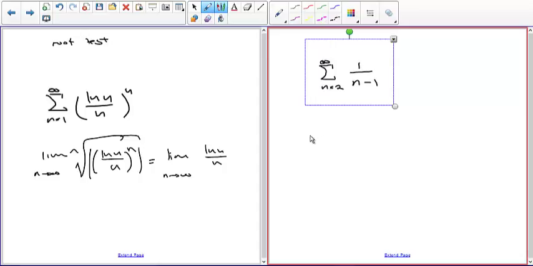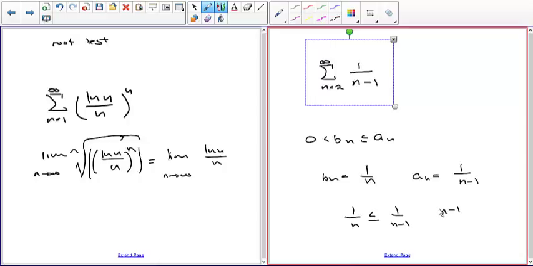So, in the direct comparison test, we know that 1 over n diverges. So we're going to use the diverging thing. And so all we have to do is to be able to use that, this has to be true. If b sub n equals 1 over n and a sub n is equal to 1 over n minus 1, cross multiply, get n minus 1 is less than or equal to n, or -1 is less than or equal to 0.